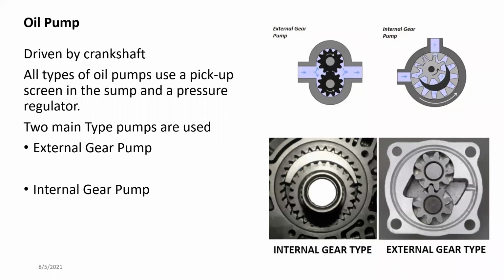So the lubricant pumps. Usually these are driven by the engine crankshaft itself, mostly gear driven or chain driven or timing belt driven. In some cases, like the previous application we discussed of the dry sump system, they will have a separate driving system. The most common types used are the internal gear pump and the external gear pump.